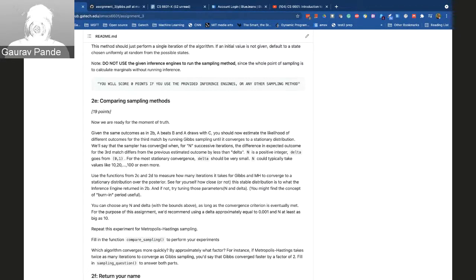Let's say in the 100th iteration my probability is 0.0001, and in the 101st iteration you are getting a probability of 0.0002. So there is a difference of 0.0001. You need to decide what delta you want to choose, when you say your algorithm converges. So basically, you have to tweak these two parameters: the number of iterations and the delta.